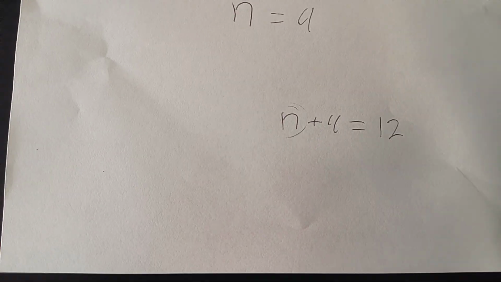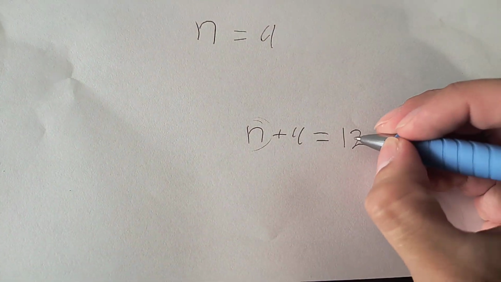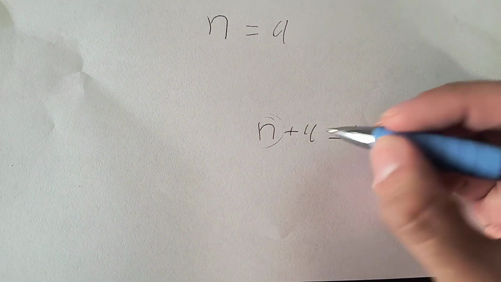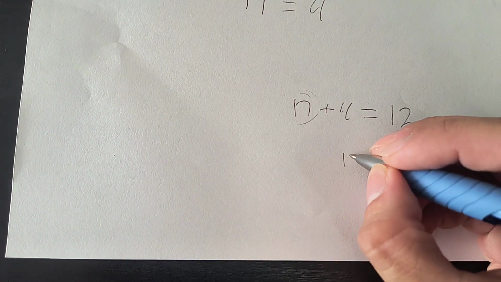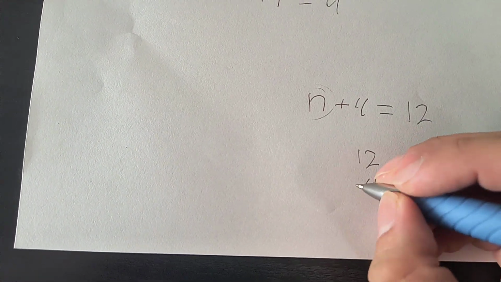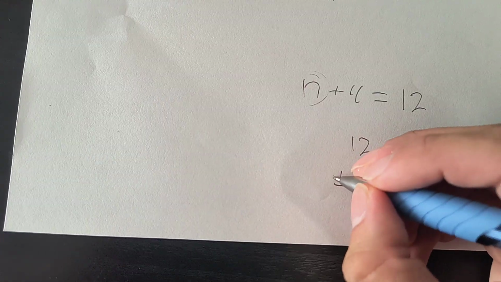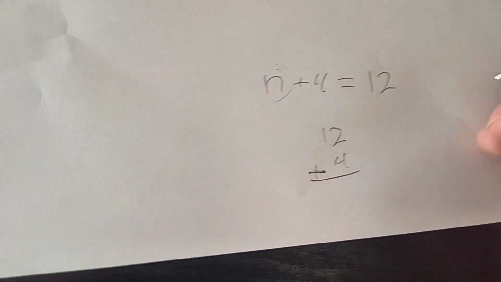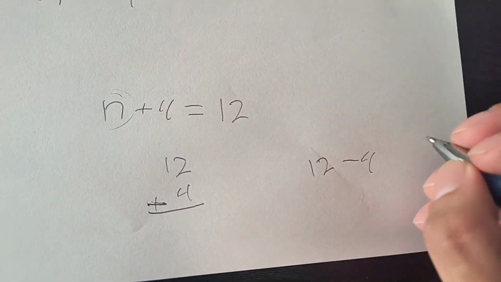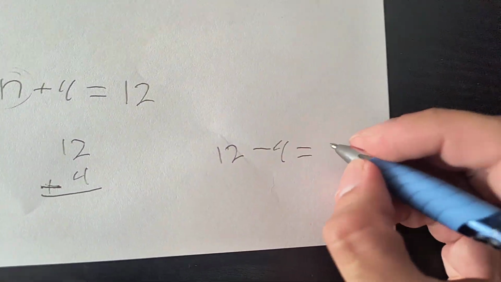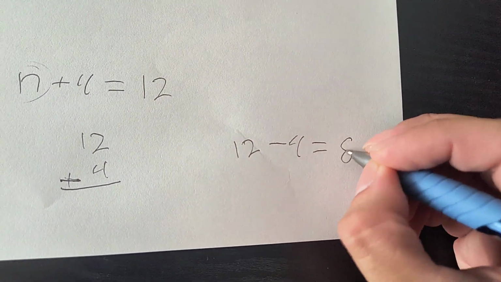To find this number, we can subtract 4 from 12. We could say 12 minus 4 equals 8.